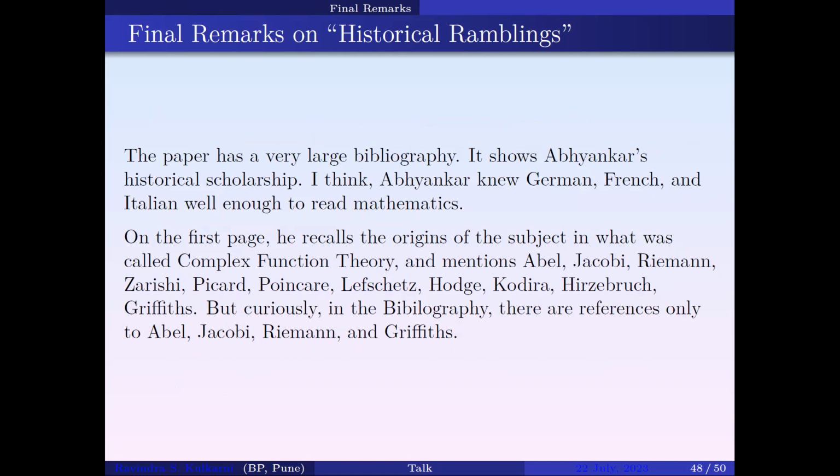And he mentions Abel, Jacobi, Riemann, Zariski, Picard, Poincaré, Lefschetz, Hodge, Kodaira, etc., Griffiths. These are the names he lists on the first page. But curiously, in the bibliography, there are references only to Abel, Jacobi, Riemann, and finally, one modern mathematician, Griffiths. The other mathematicians, their work is not mentioned there. He mentions them as very good mathematicians who have proved results, but it doesn't mention any of the papers.